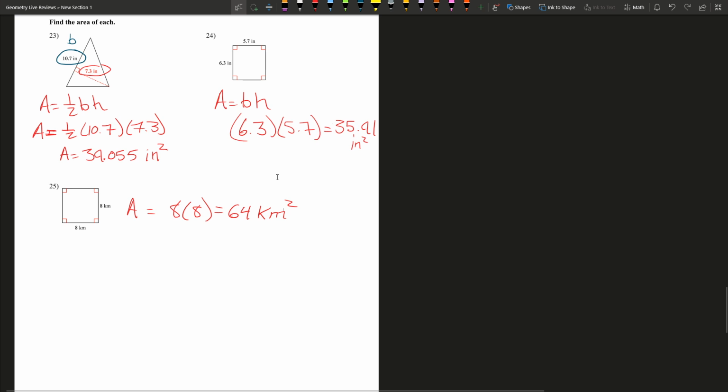And then I think the last question on there is something like, given a square of area, let's say 64 kilometers squared, just to keep it simple, what is the perimeter?